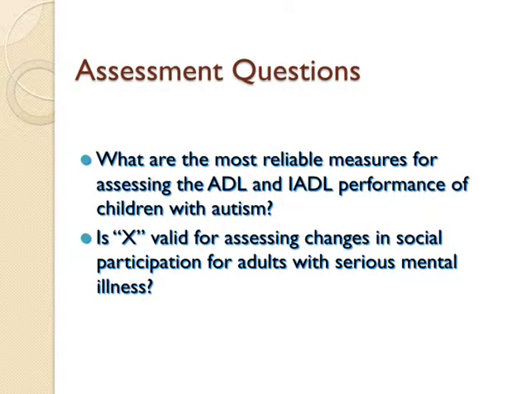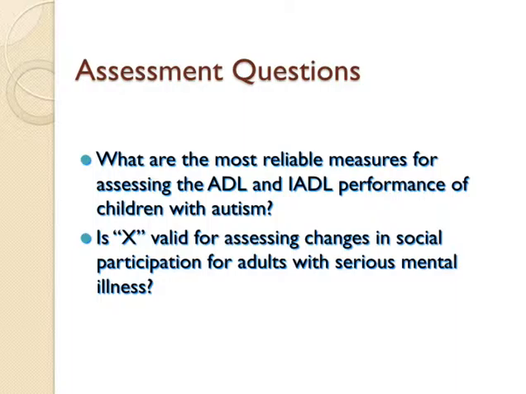Examples of assessment questions can be, what is the most reliable measure for assessing the activities of daily living and instrumental activities of daily living, or ADL and IADL performance of children with autism? So what's the most reliable way I can understand a child's ADL and IADL performance?